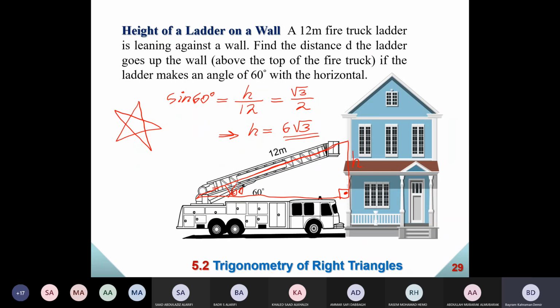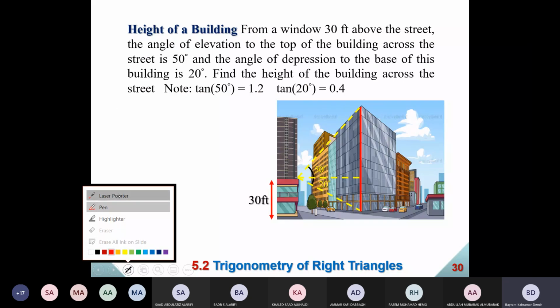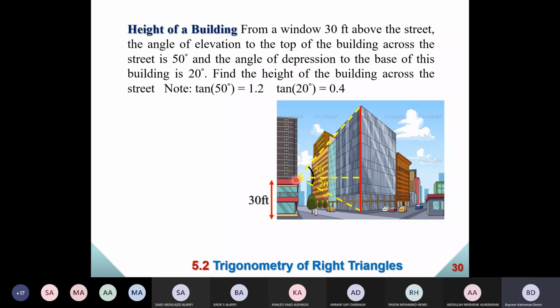All right, shall we go to the next question now? Well, here we have two buildings, Shabab. Suppose you are sitting here on the balcony, maybe here. Looks like you are 30 feet above the ground level.